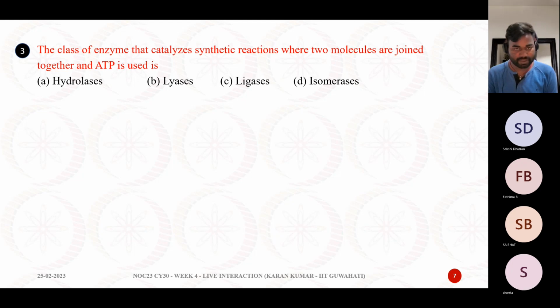Now, coming to the next question, the class of enzyme that catalyzes synthetic reactions where two molecules are joined together and ATP is used. You are joining two molecules and you are utilizing ATP. So which enzyme will do this?